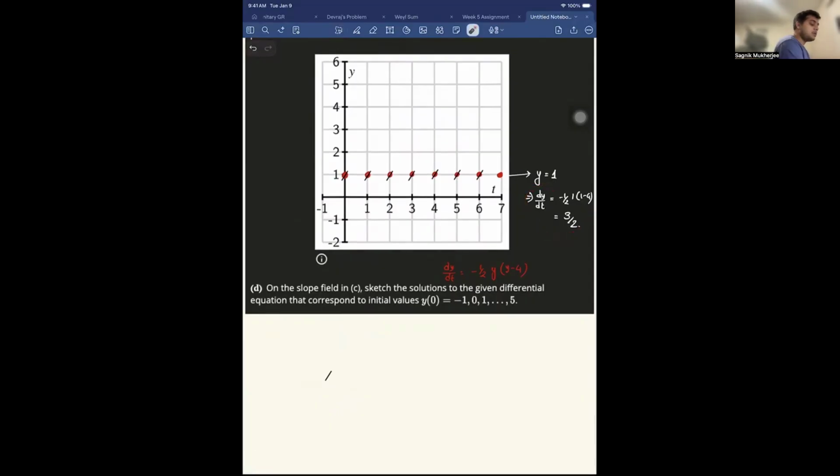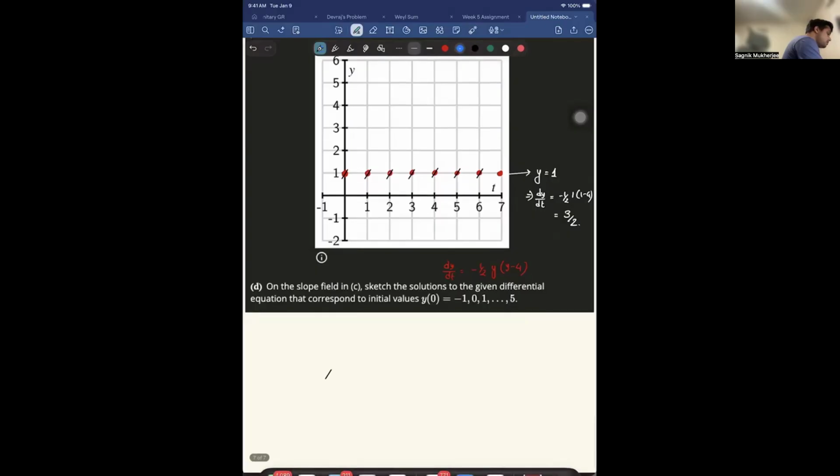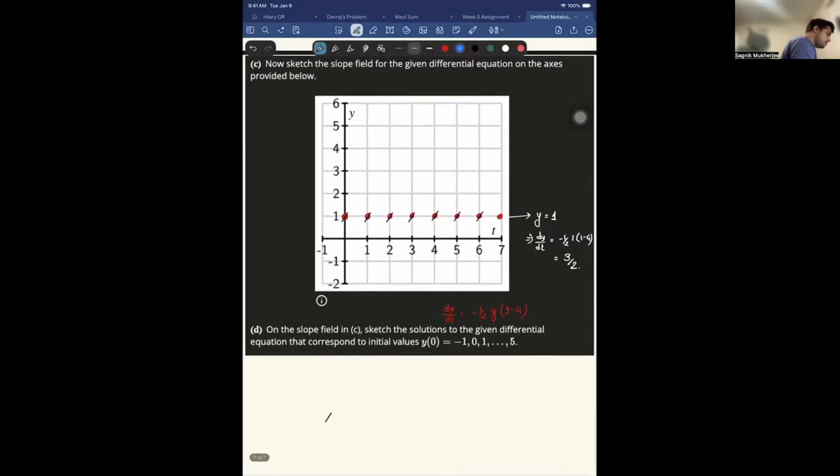Now, let us do it for y equals 2. We're going to do the same thing.